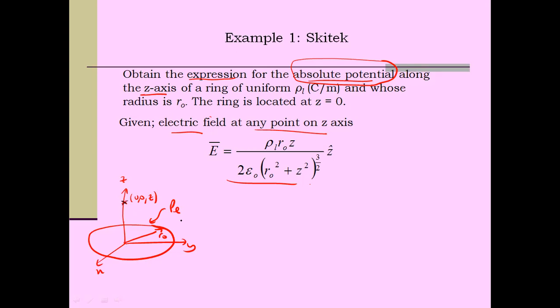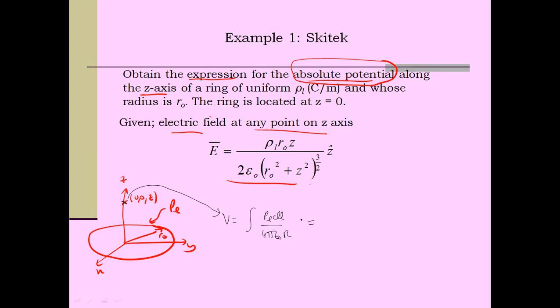Based on what we have learned previously, we can use the first method, V equals integration, where V is the potential at the point (0, 0, z). So this is what we're going to find here. The potential at this point is given by the integral of rho L dl over 4 pi epsilon naught R, based on this equation.